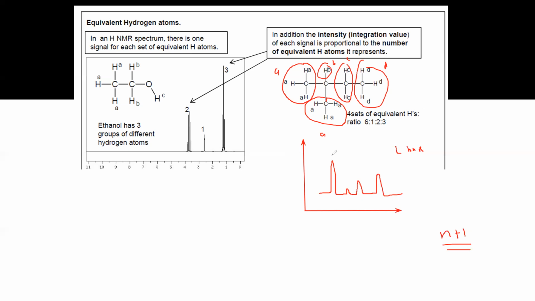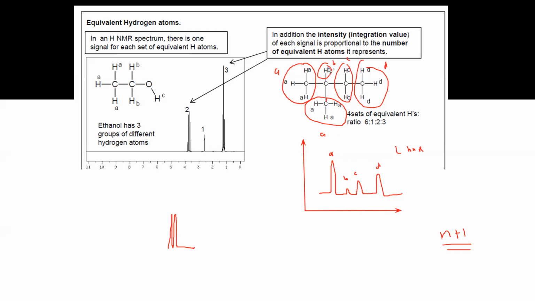This was environment A, environment B, environment C, and environment D. For environment A, how many neighbor hydrogens are there? Only one. So if the neighbor hydrogen is one, it will split into two sharp peaks; one peak is split into two.